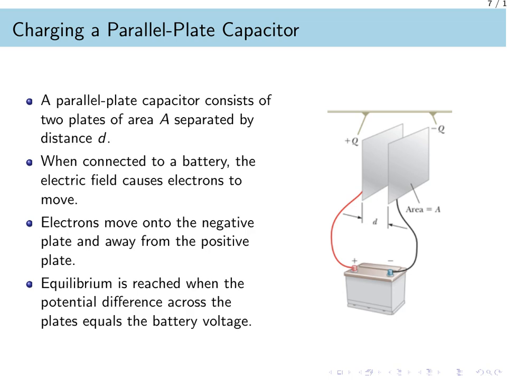Electrons flow onto the plate connected to the negative terminal and away from the plate connected to the positive terminal. This movement continues until the potential difference between the plates exactly matches the voltage of the battery. At this point, the system reaches electrostatic equilibrium, the current stops, and the capacitor holds a stored charge and associated electric energy.